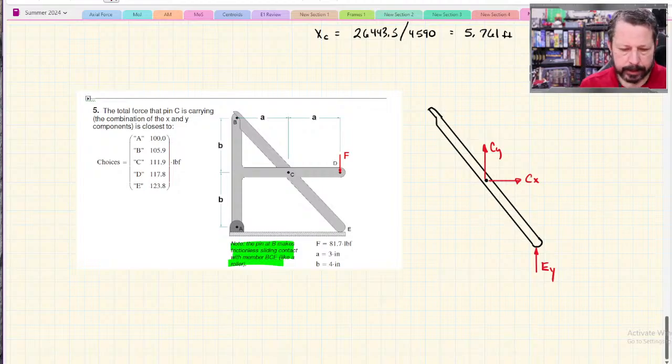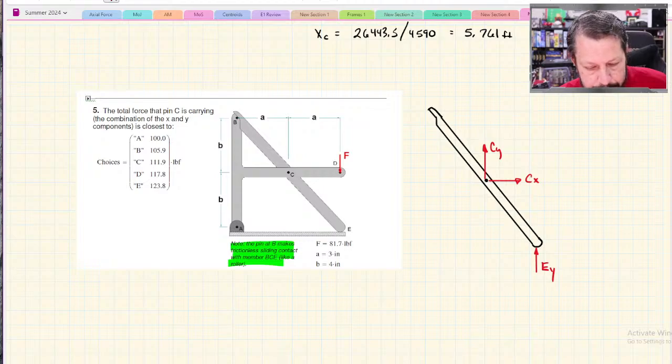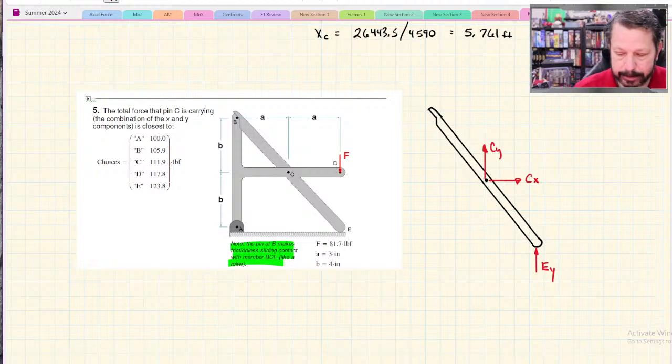And then the weird one that it doesn't talk about is that thing at B. It's like a slot, but it's not contained in a slot. So technically the diagonal part could rotate clockwise if it was allowed to, away from pin B. When it doesn't tell you a particular thing, first you assume it's frictionless, so you don't have to deal with friction. Then you look at what it's closest to. It's not really pinned like C is pinned.